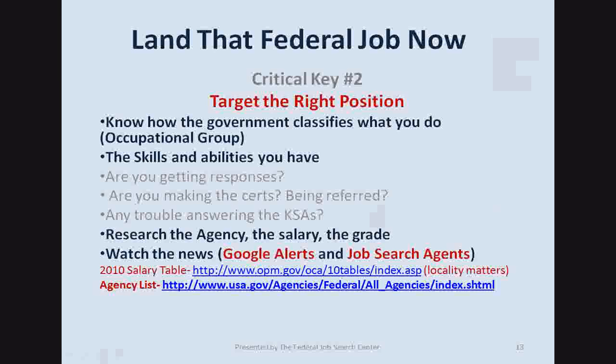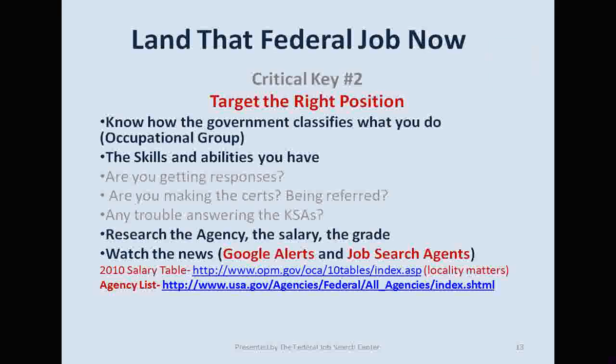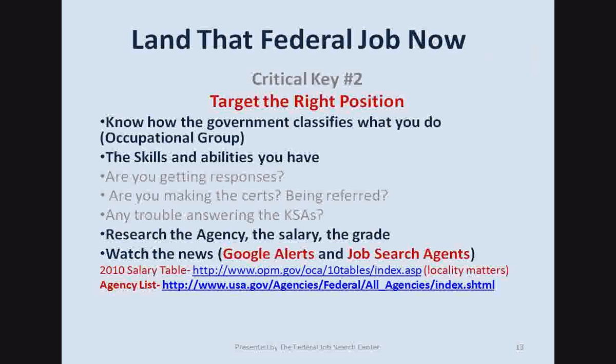So you might set up a keyword on Department of Treasury, Chicago, because maybe you're in Chicago and you want a job there in the Department of Treasury. So you'll start getting any news that comes out about the Department of Treasury in Chicago. That's how you start finding out what's going on in the agency. Then you can go to that agency site and really start looking around and finding out.